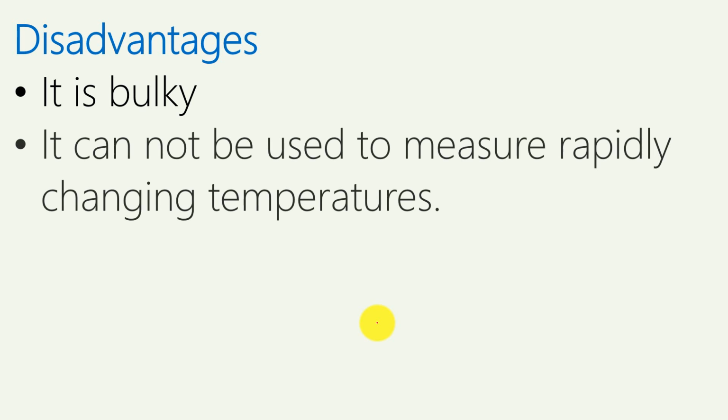Now, what are the disadvantages? Number 1, it's bulky, like you've seen. For a liquid in glass thermometer, it's just a matter of holding something very small. But here, it's bulky. It cannot be used to measure rapidly changing temperatures, so it doesn't respond as fast as possible.